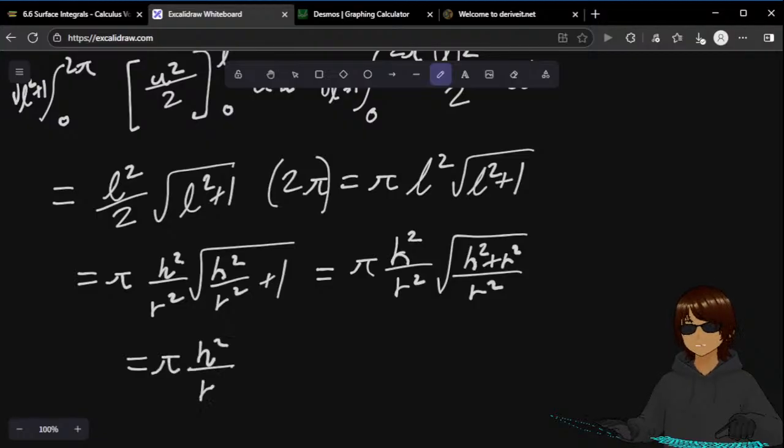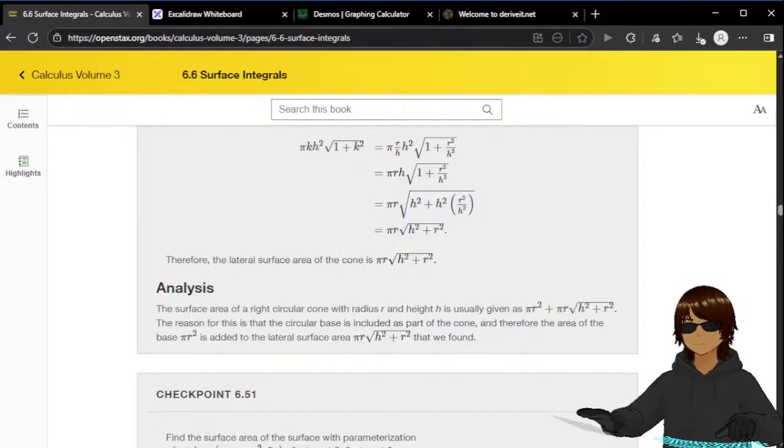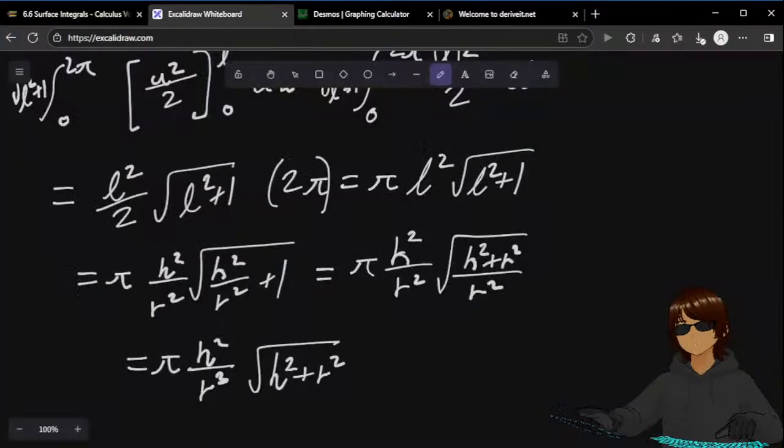H R cube over... But this is wrong. Pi R root H square plus R square. So where am I getting this wrong?